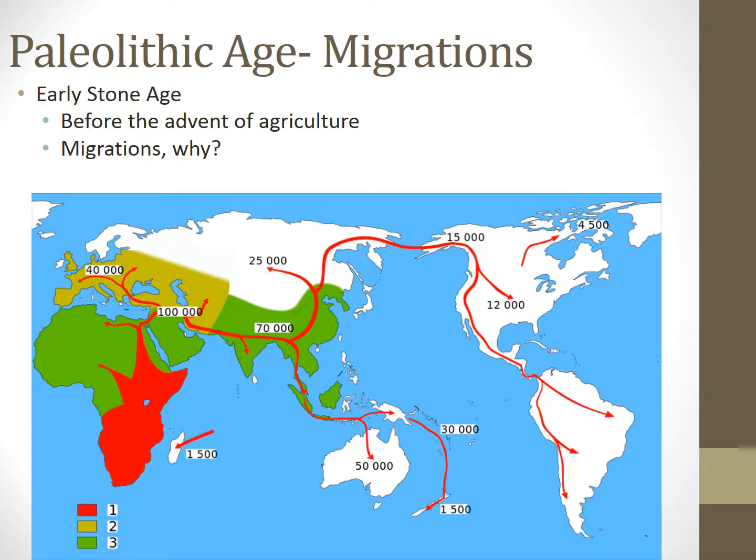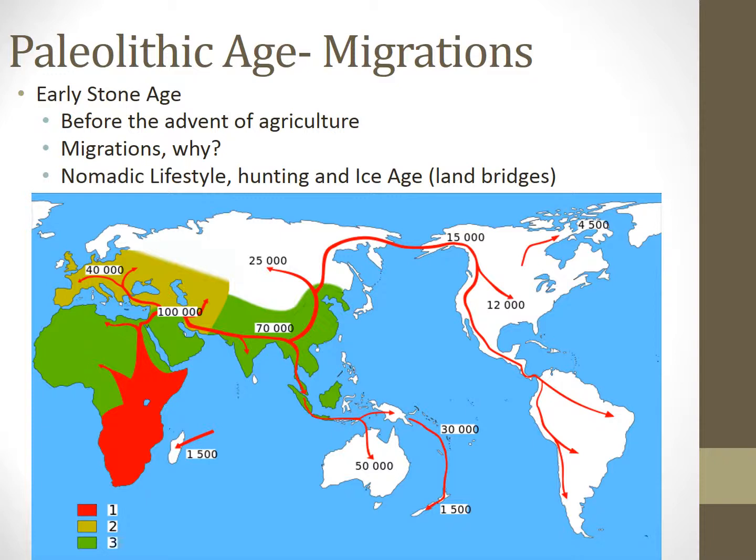So the early Stone Age is generally a period that occurs before the advent of agriculture, and it's a period in which humans migrated throughout the world. And their migrations were generally for the purposes of sustenance, hunting, foraging and so forth. And of course, you'll notice on this map that North America and South America are among the last places that humans actually inhabited.